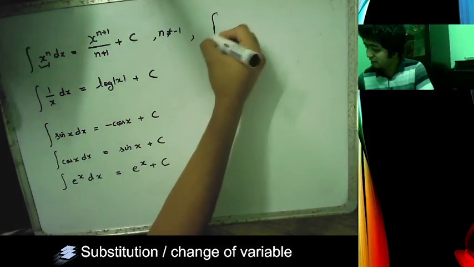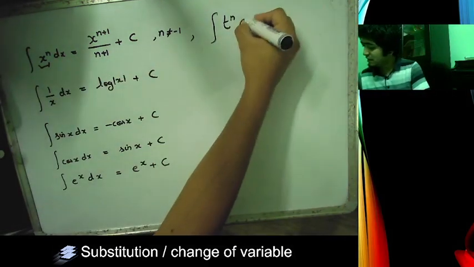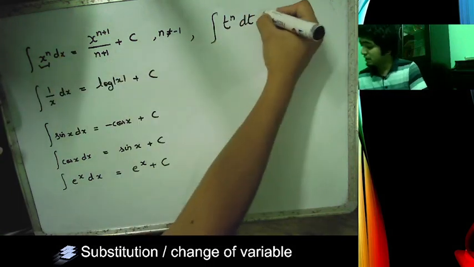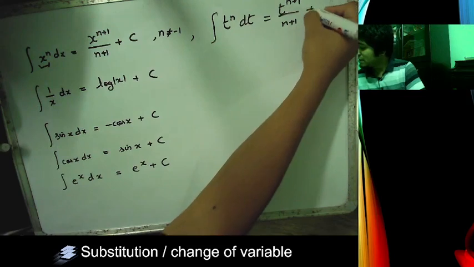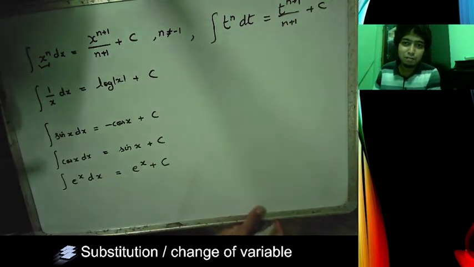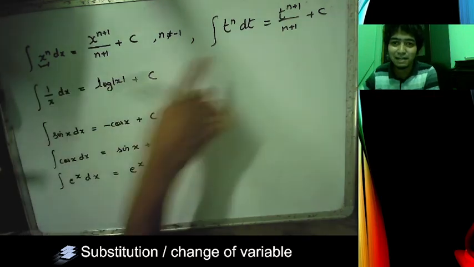Even if we have t power n dt, you can still use this formula, t power n plus 1 by n plus 1 plus c. We have done nothing, it's just that instead of x we are writing t.